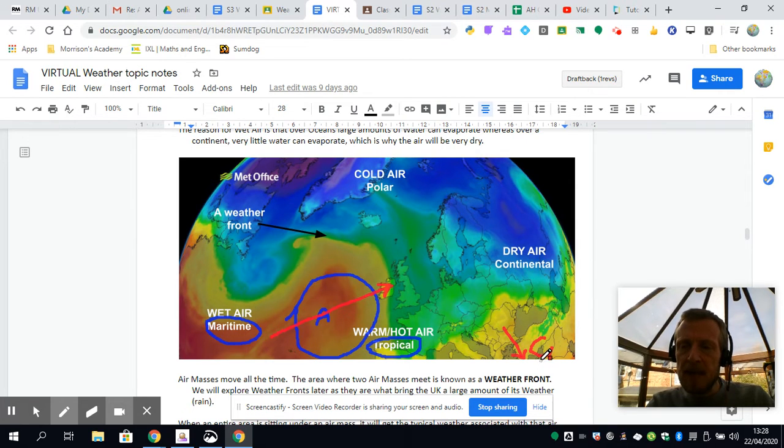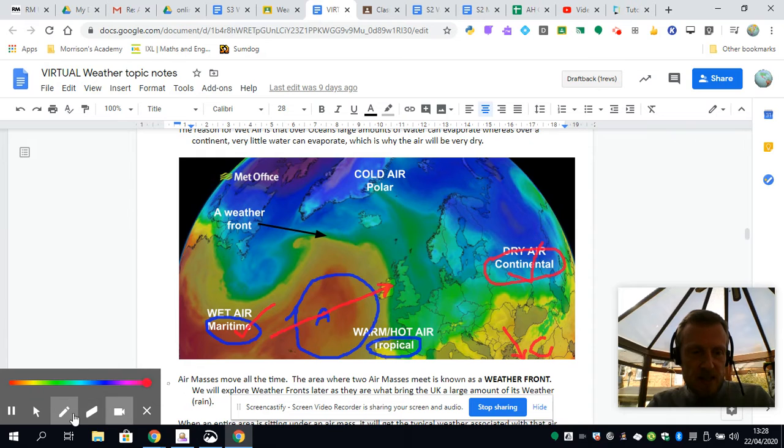And because there is no water sitting on a continent, or there's very little, there's going to be very little evaporation. And therefore, unlike an ocean and a maritime air mass, this is going to be a very dry air mass. And we therefore call it continental. So it's tropical because it's warm, but it's continental because it comes from the continent.